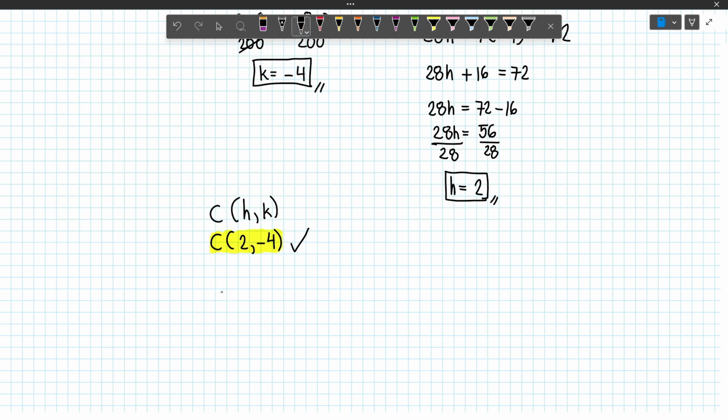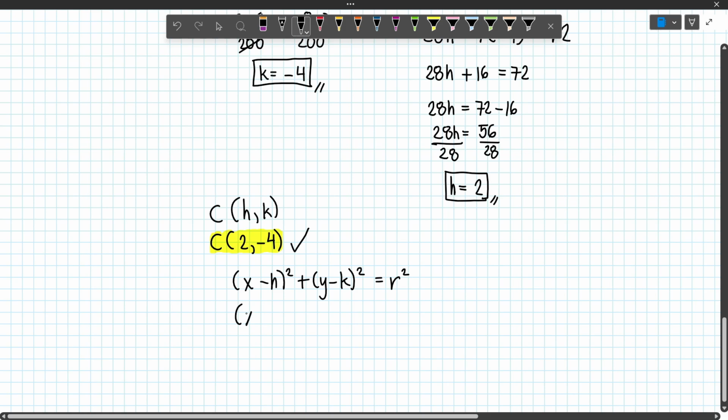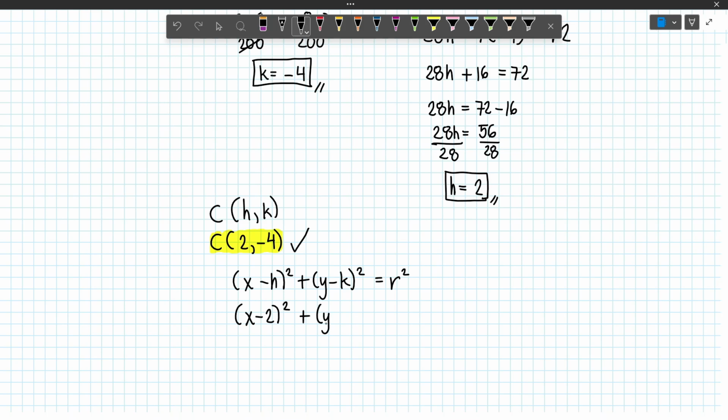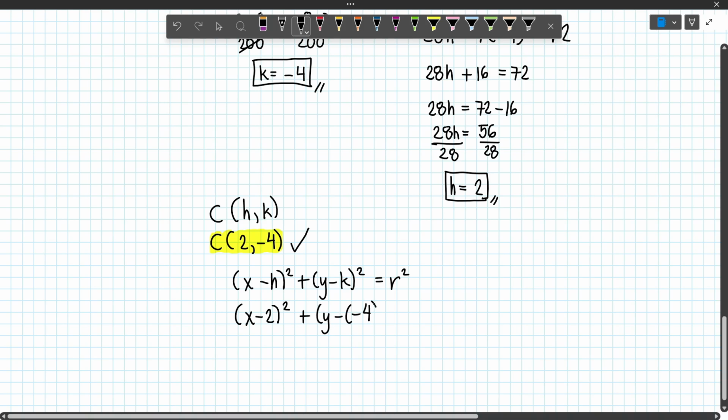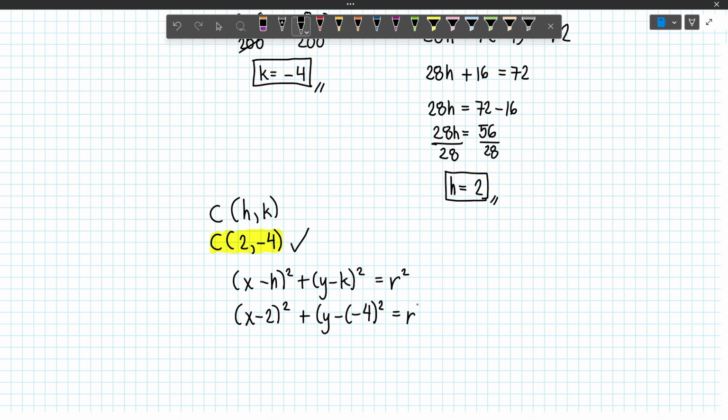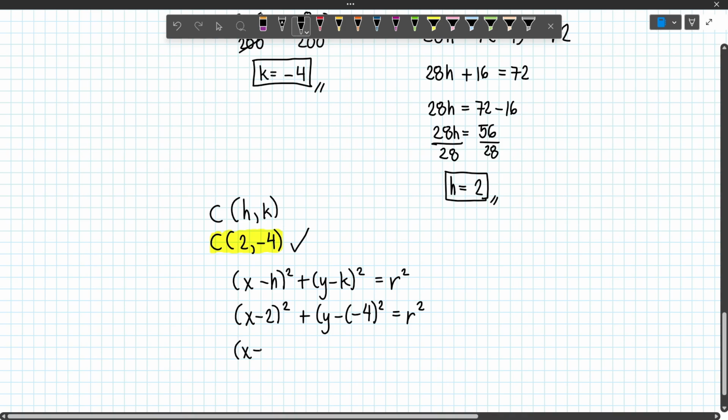And so the standard form of our circle would be x minus h squared plus y minus k squared equals r squared. And it will become x minus 2 squared plus y minus negative 4 squared equals r squared, which will simplify into x minus 2 squared plus y plus 4 squared equals r squared.